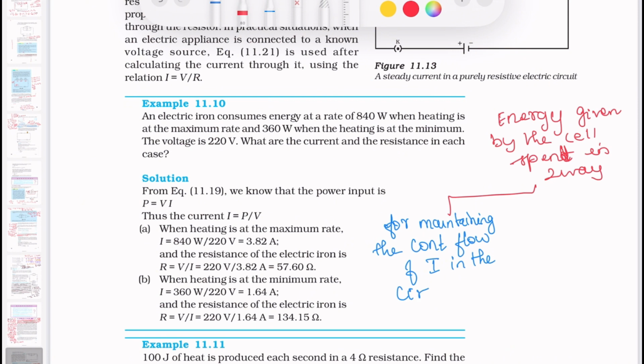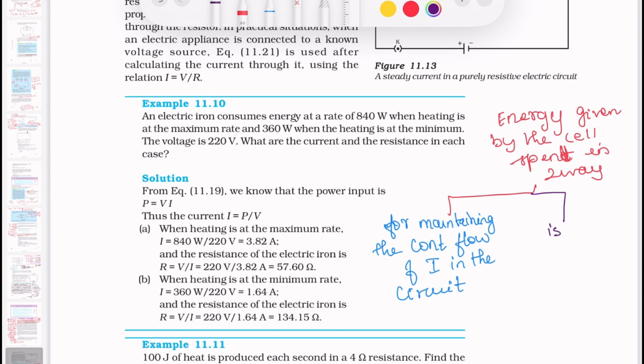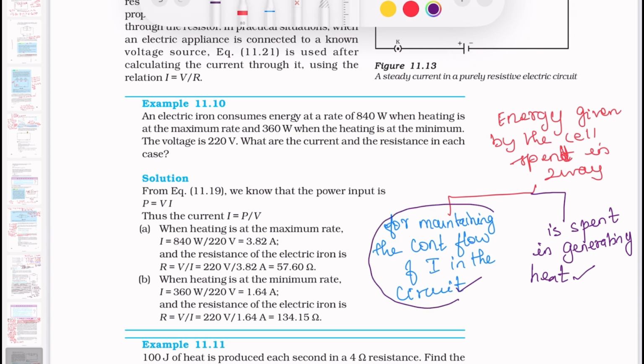Second, what is the other way of spending this energy? Here the energy is spent in generating heat. So these are the two ways of spending the energy. Some energy is used for maintaining the continuous flow of current, and the rest of the energy is used in generating heat. So maintaining the flow of current in the circuit is a must.